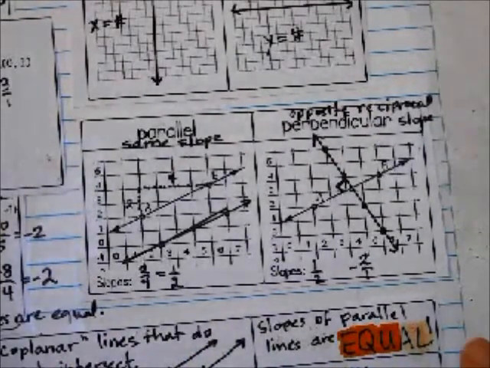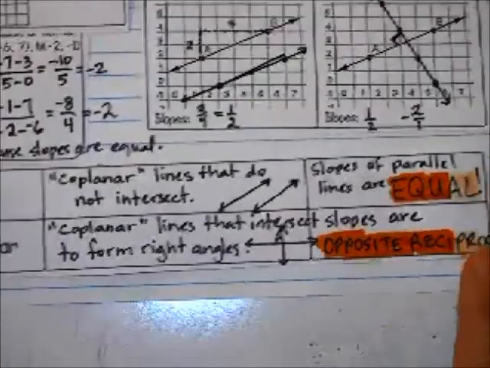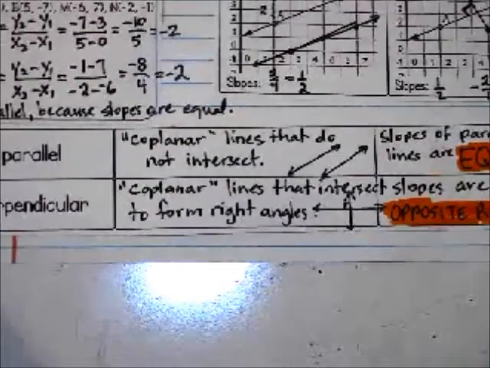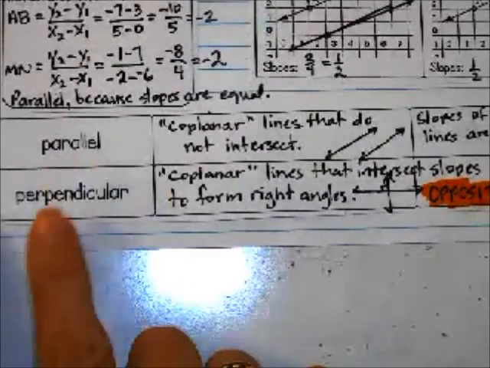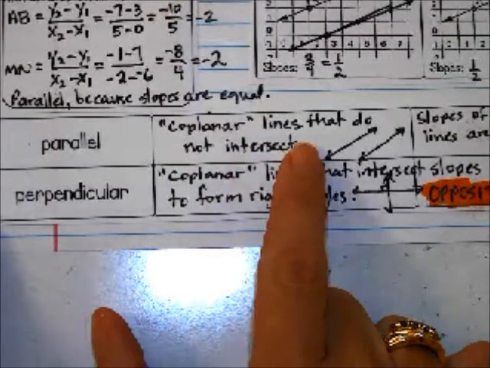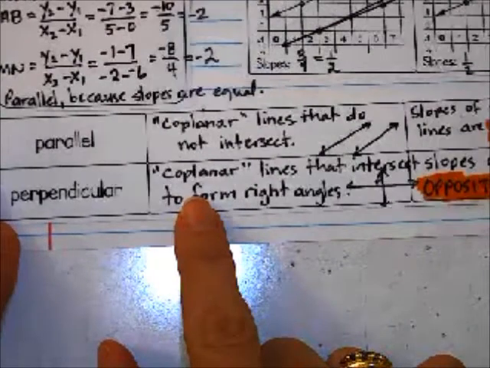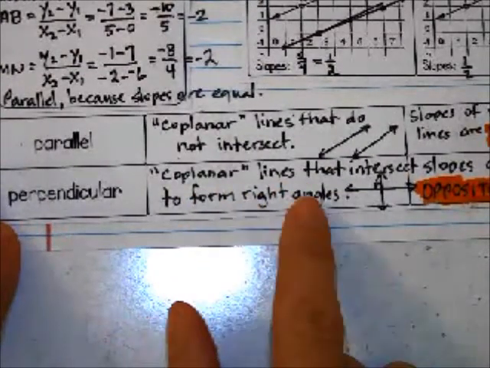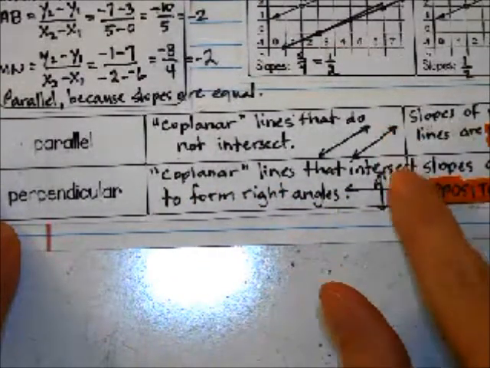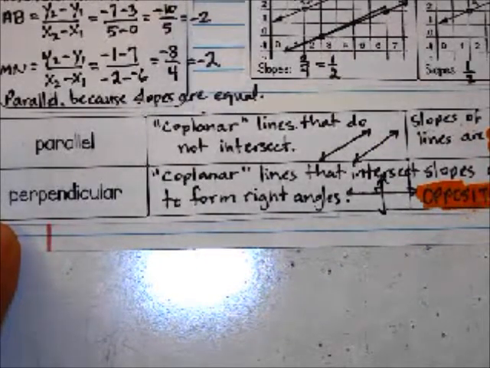All right, down here along the bottom, I just reviewed our definitions for parallel and perpendicular. Parallel lines are coplanar lines that do not intersect. Perpendicular lines are coplanar lines that intersect to form right angles. I drew a couple little mini graphs, so you can pause the video and fill those in.